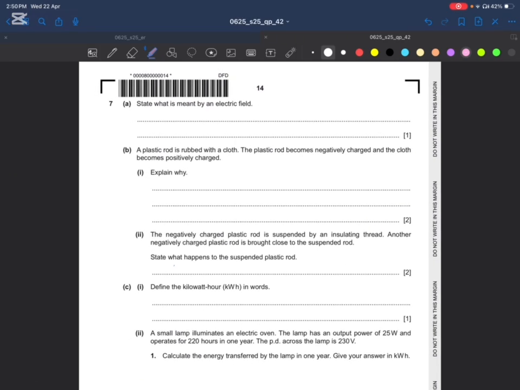Now as far as question number 7 is concerned, you can see there are a number of explanations and definitions. State what is meant by an electric field. So what is an electric field?